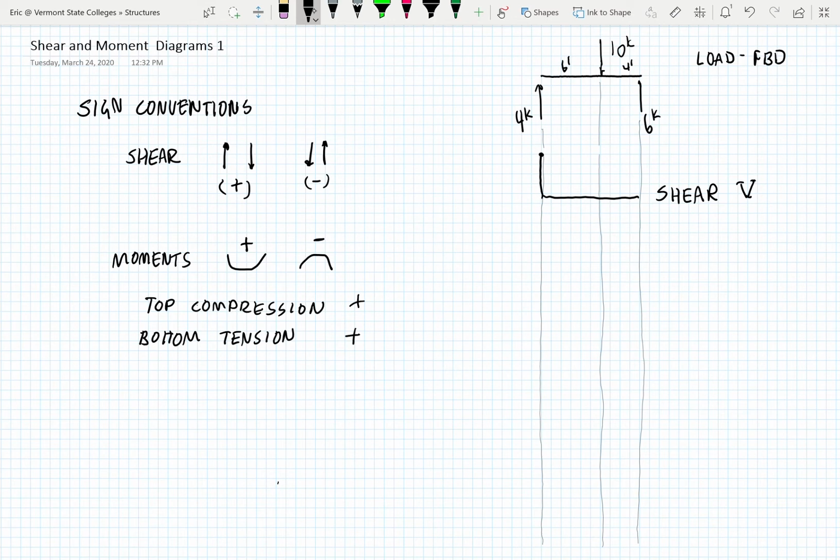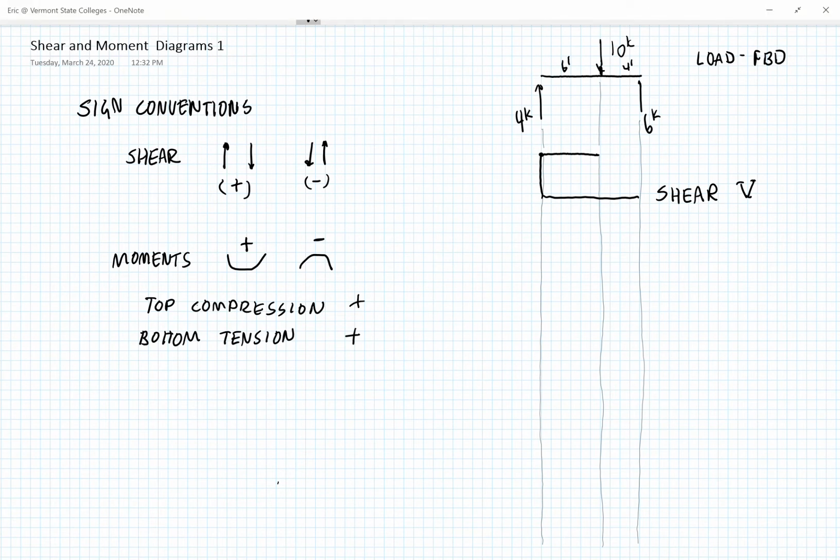The only thing that changes shear is load. If you don't have a change in load, you don't have a change in shear. So it carries on until it sees a load, which is 10 kips down, which is a change in load. And we're going to say down is negative.